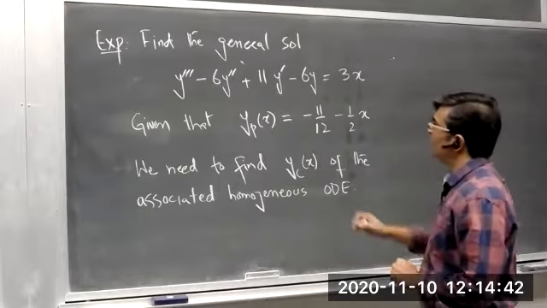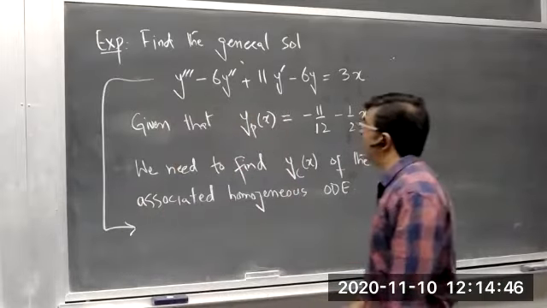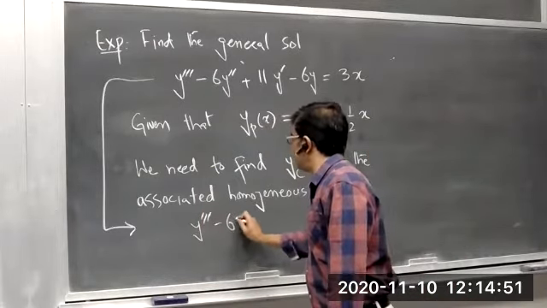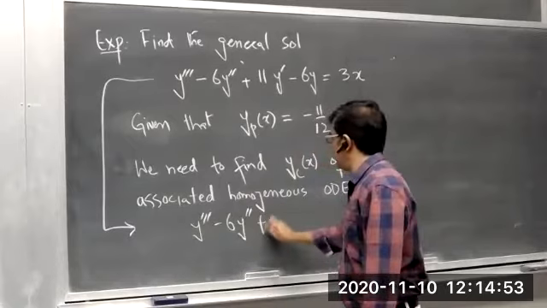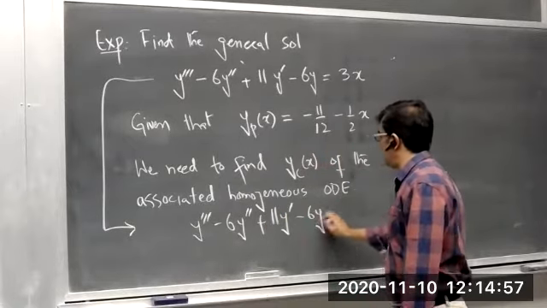The associated homogeneous ODE of this given differential equation is y triple dash minus 6y double dash plus 11y dash minus 6y equal to 0.